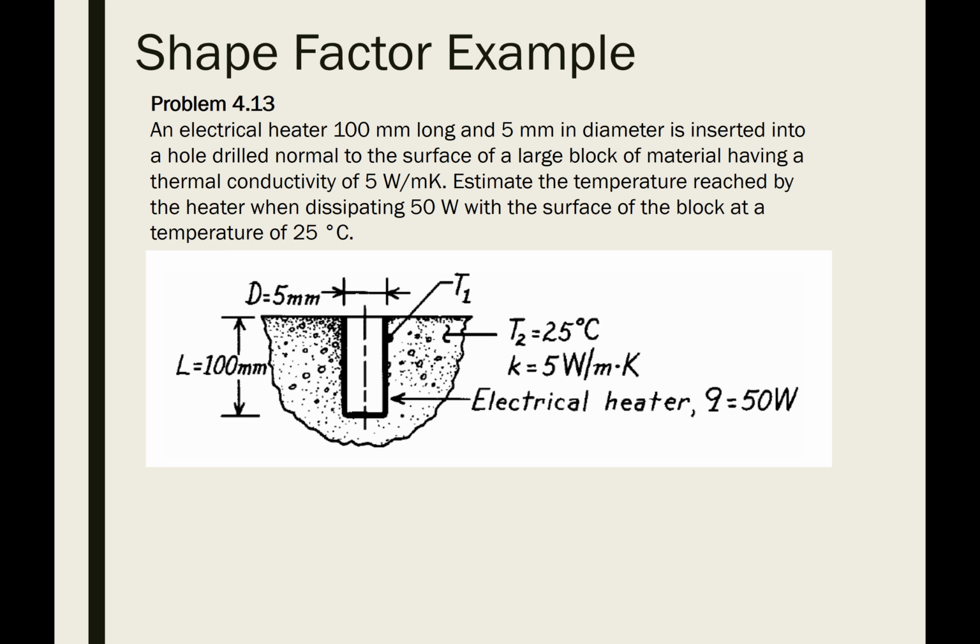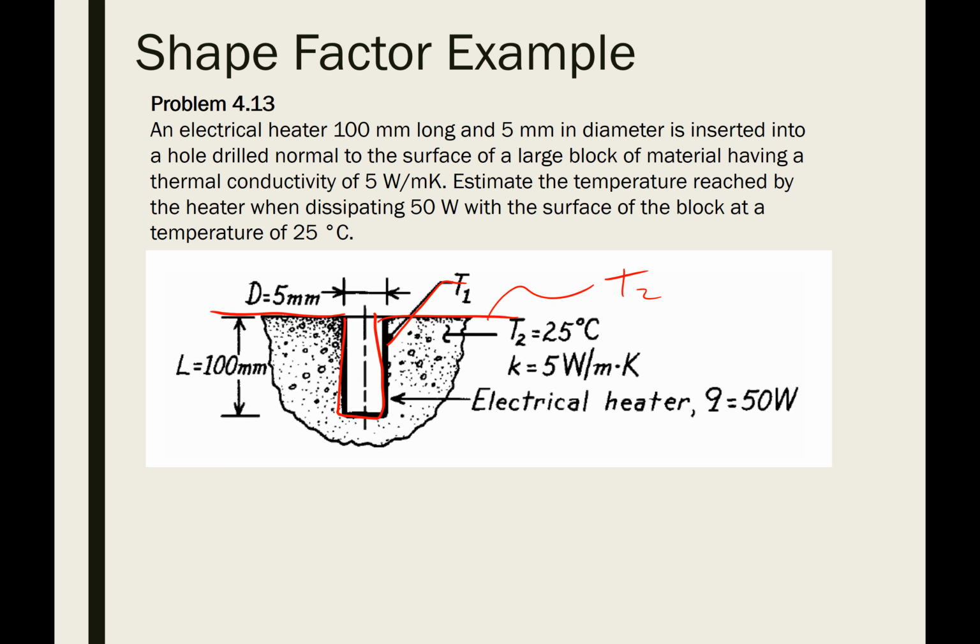If it's a problem where you're given these certain assumptions, that we can assume that this surface is all isothermal, and the ground surface is also isothermal, then our T1 is the cylinder itself, and our T2 is the surface of the ground.